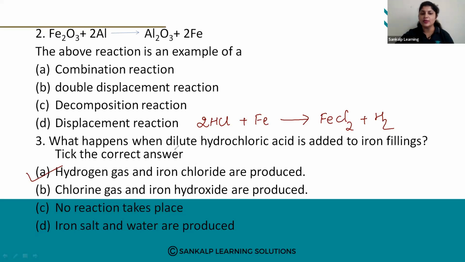So what happens when hydrochloric acid is added to iron filings? You get hydrogen gas and iron chloride. These are the products which we are obtaining.